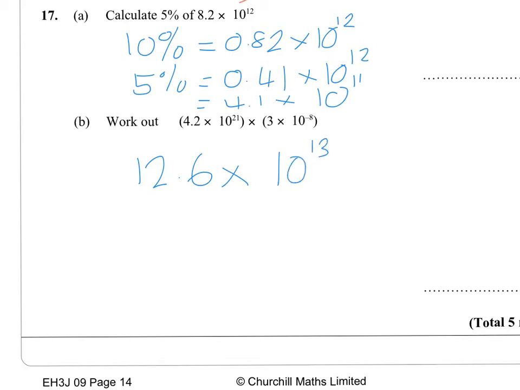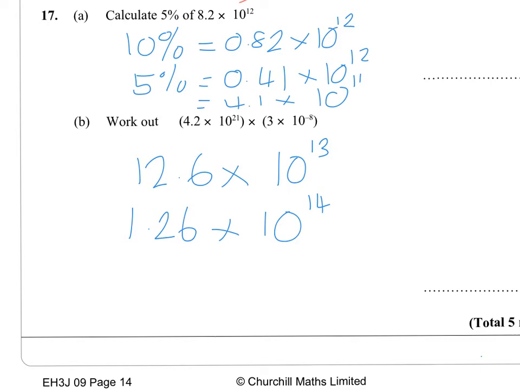But again, that first number is not in standard form. So it's actually going to be 1.26 times 10 to the power of, well, if I've had to times that by 10 to the minus 1, or sorry, this one by 10 to the 1, then it's going to give me that there.